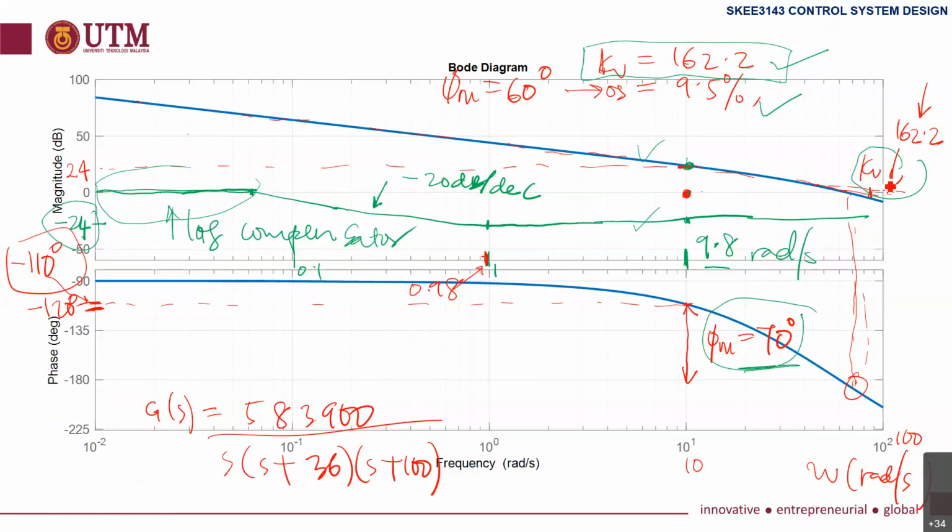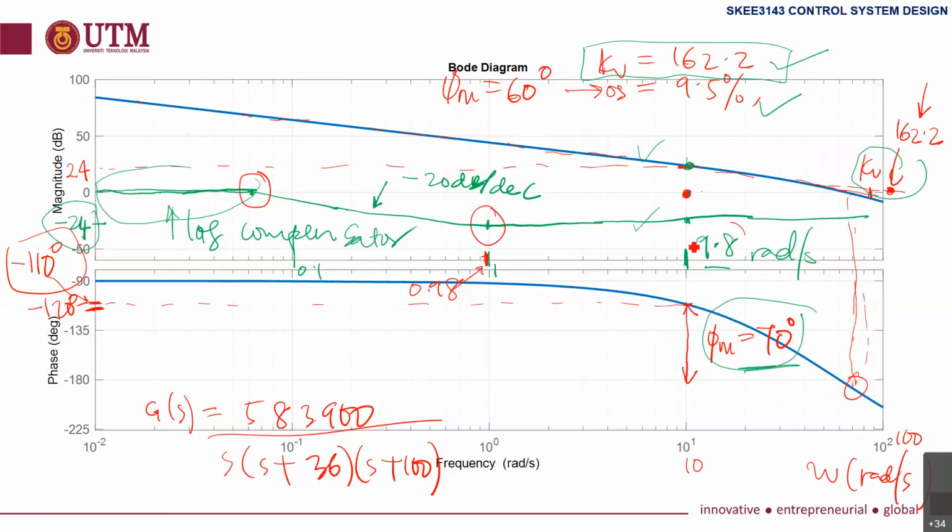Then we can get the same KV. So that is the lag compensator. It changes magnitude at the high frequency, and maintains magnitude at low frequency. And the point here is important. This is the break frequency, because the break frequency will be used to determine the transfer function.